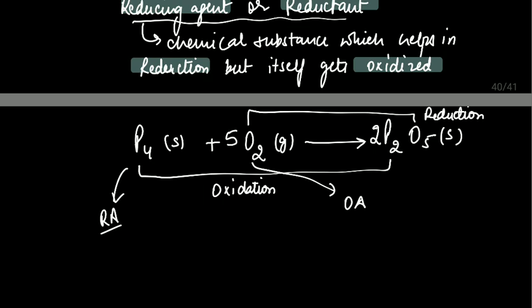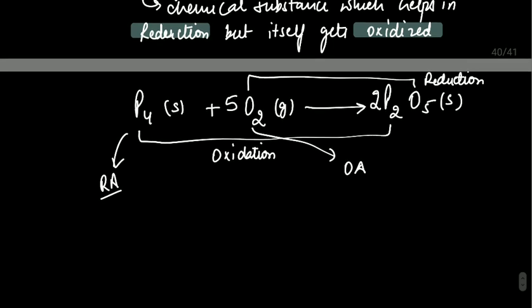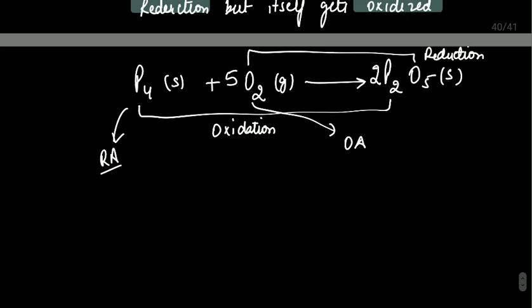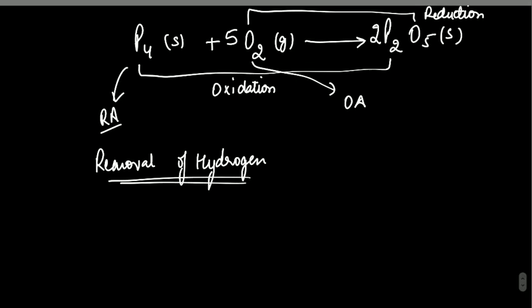Then we can have certain reactions. This is like addition of oxygen, we took an example. So what if removal of hydrogen is happening? That is also oxidation. For removal of hydrogen, we can take this example: H2S changing into hydrogen. So H2S gas is decomposing.